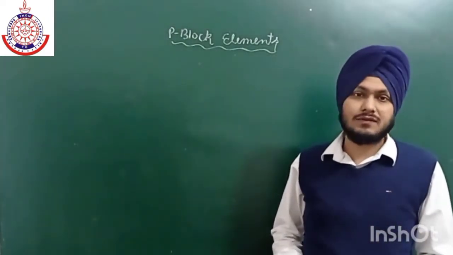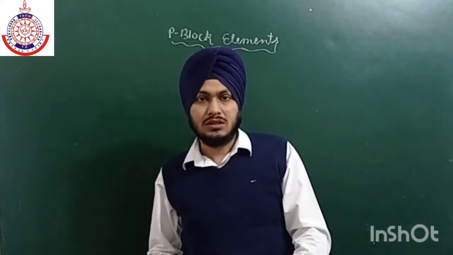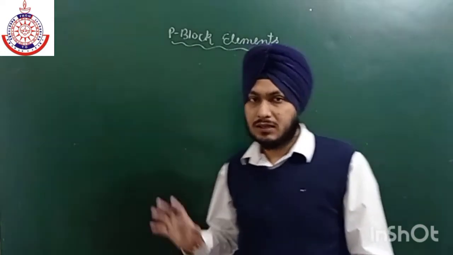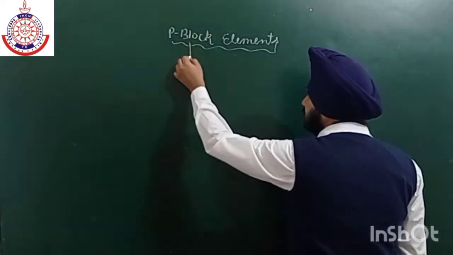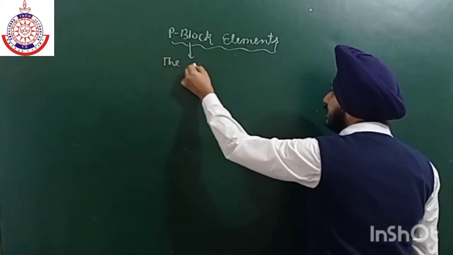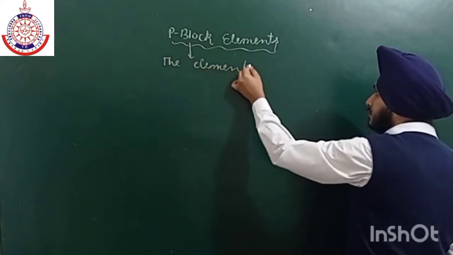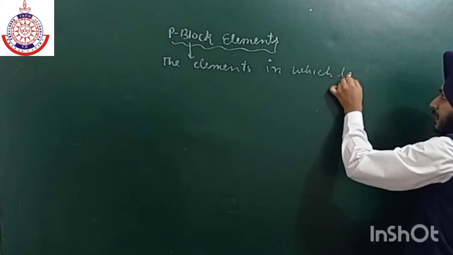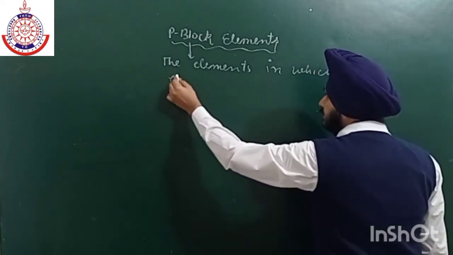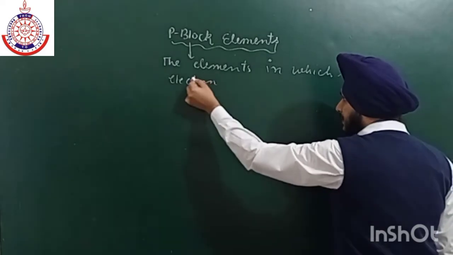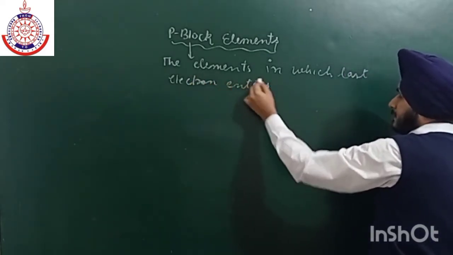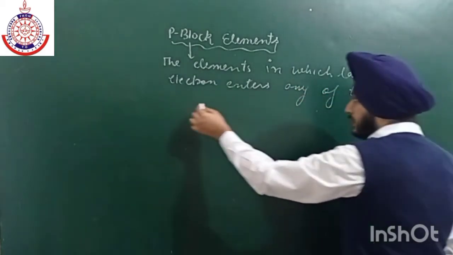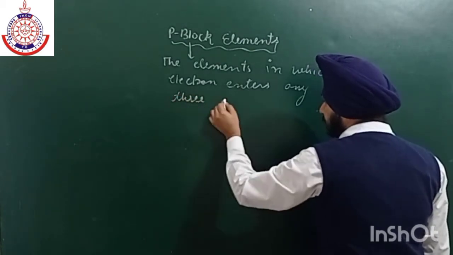As in the case of S block elements, those are the elements in which the last electron enters the S orbital. Similarly, P block elements are the elements in which the last electron enters any of the three p orbitals.